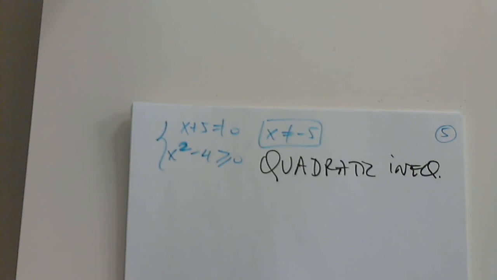Absolutely. It seemed too obvious, and I didn't want to say it. So it is a quadratic inequality, obviously. Good. So now we have to think. Do not tell me to move 4 to the other side and take the square root. That's not allowed. It's not legitimate. Don't even think about it. So how do we solve a quadratic inequality?